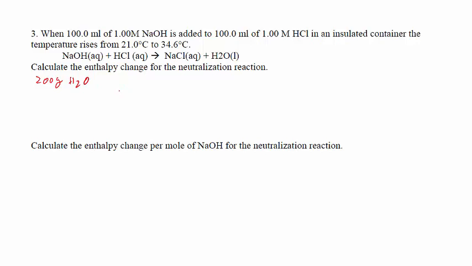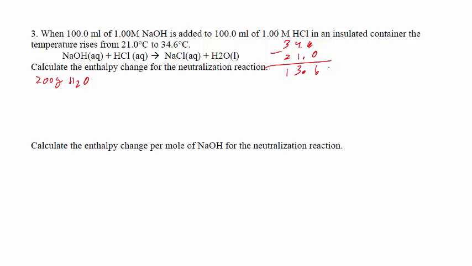And you have 34.6 minus 21.0. 6 minus 0 is 6. 4 minus 1 is 3. 2 minus 2 is 1.